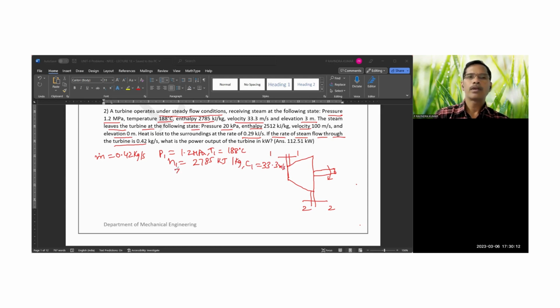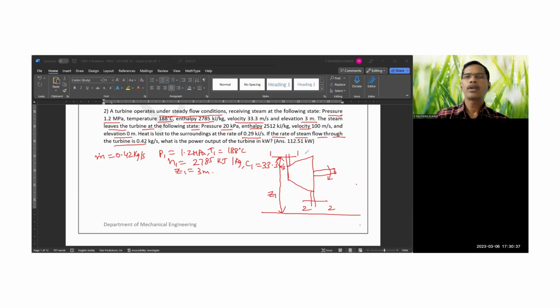If you take the reference section, the inlet section is at Z1, which is 3 meters. This is how the things are given.